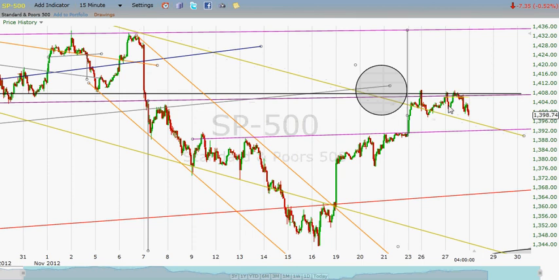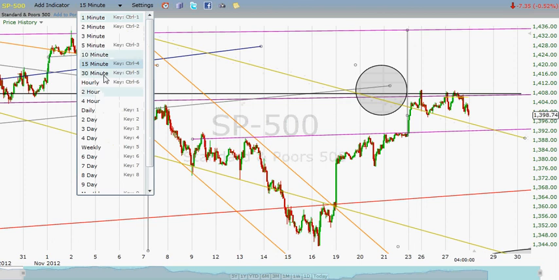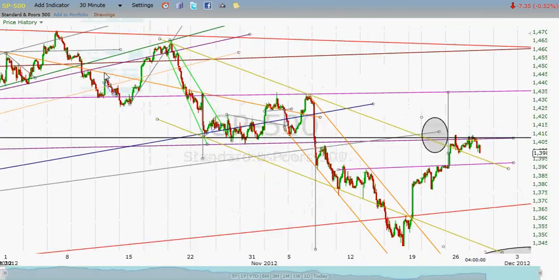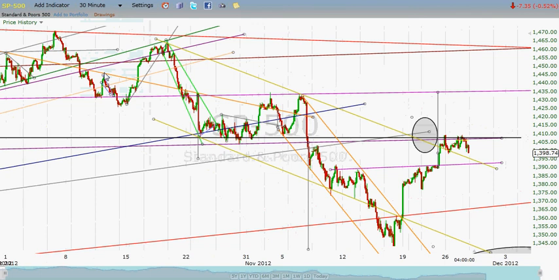Couldn't do it. Today, another attempt to get over that neckline. Couldn't do it. And it looks to me like we may now be settling in for a back test of this broken resistance line from the descending channel that we identified probably about a week and a half ago.